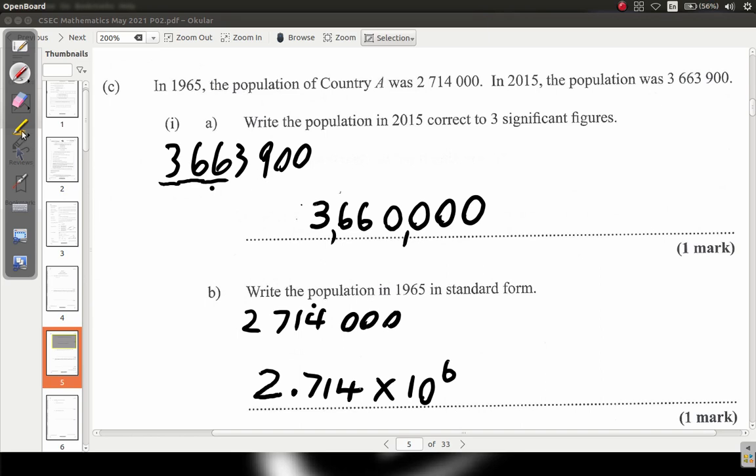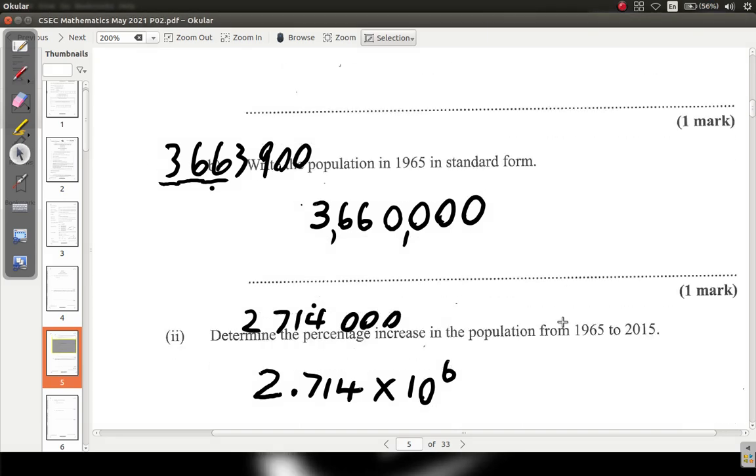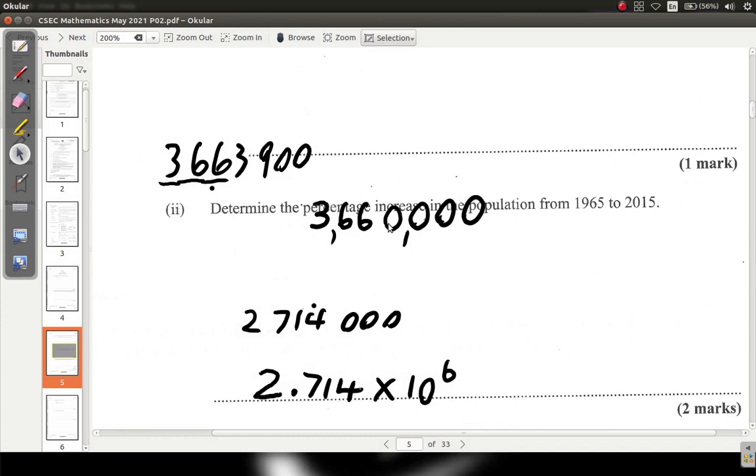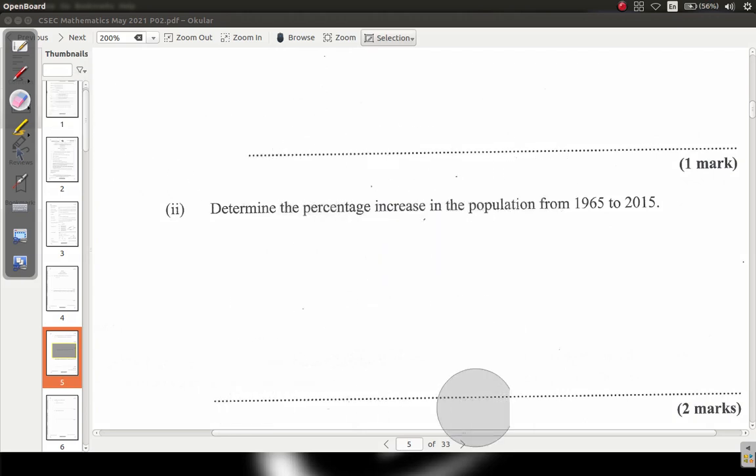Alright. Let's scroll up and see what else they say. They say determine the percentage increase in the population from 1965 to 2015.